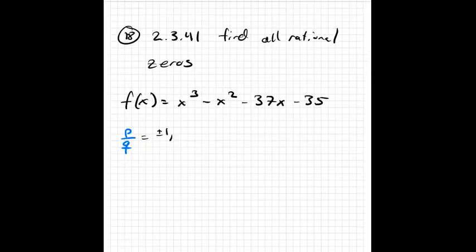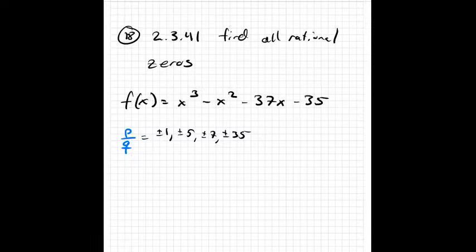No, we can't do 3. 35 is 7 times 5? So I think we only have 5, 7, and 35, right? Normally we would divide by the factors of the leading coefficient, but the leading coefficient is 1, so everything divided by 1 is the list that you see here.